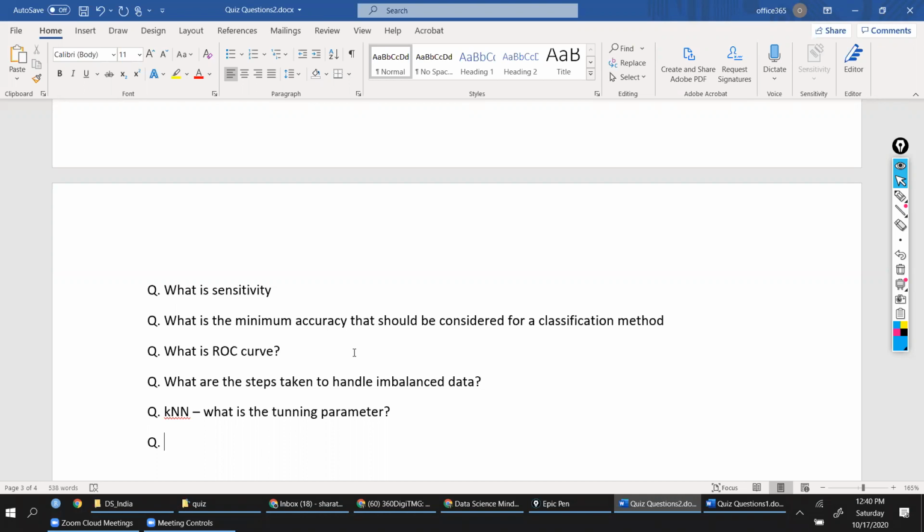Okay, what is a p-value in statistical analysis? What does p-value mean?